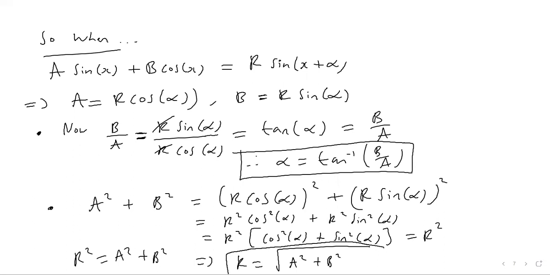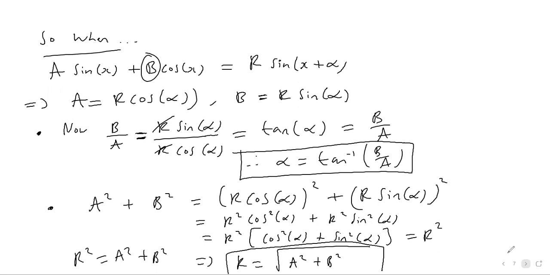When we want to convert this sine x function plus this cos x function into the form a number times sin(x + alpha), it means that r must be the square root of this number squared plus this number squared, and alpha must be the tan inverse of the number next to the cos divided by the number next to the sine. Okay, so we've worked that out.